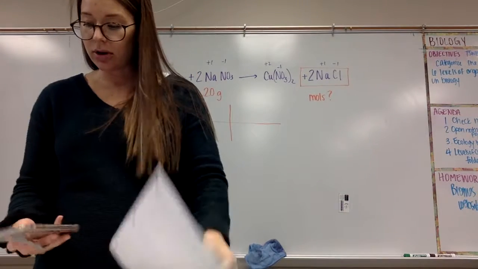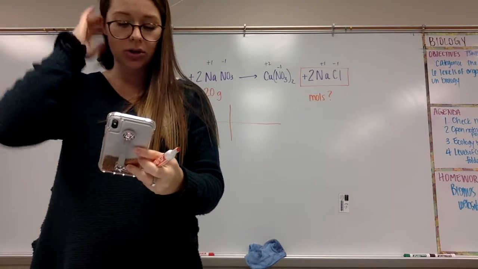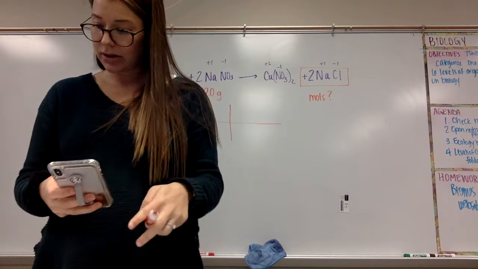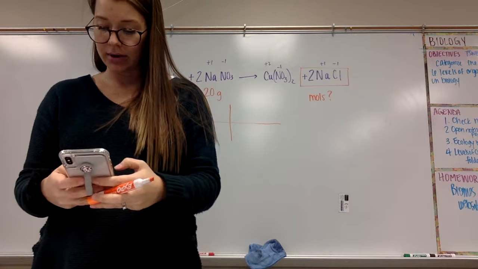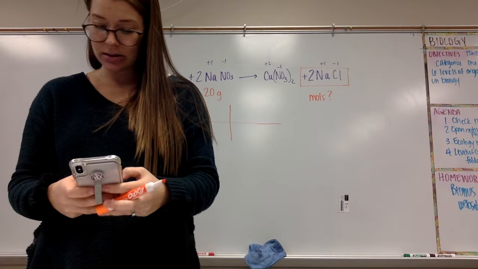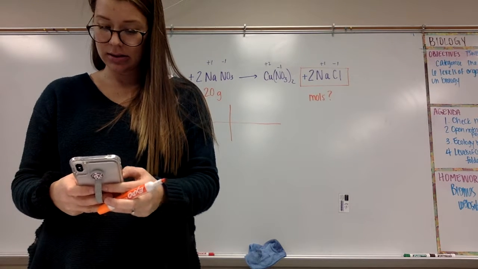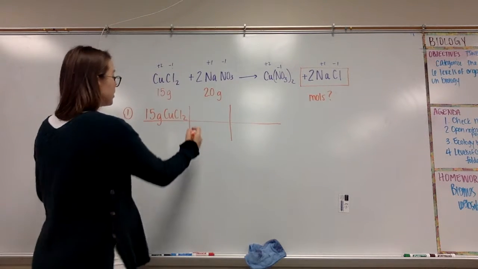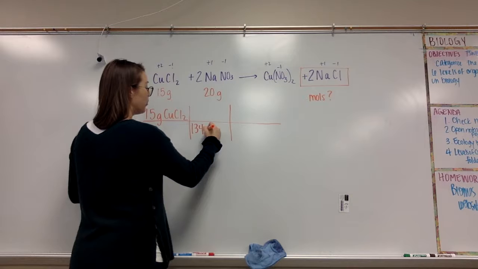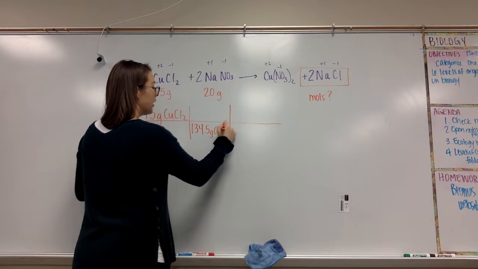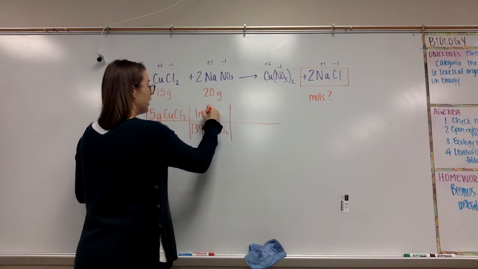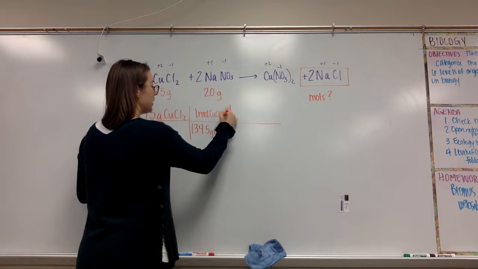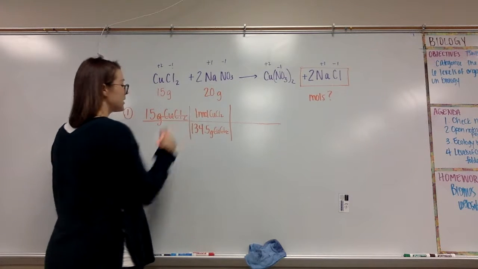All right, so my molar mass of copper 2 chloride, I believe is 134.5, but I will double check that. It is 134.5. So I have 134.5 grams of copper 2 chloride, and 1 mole goes on top because I am trying to cancel those grams.